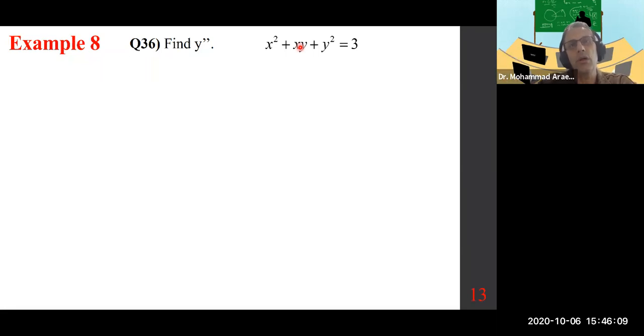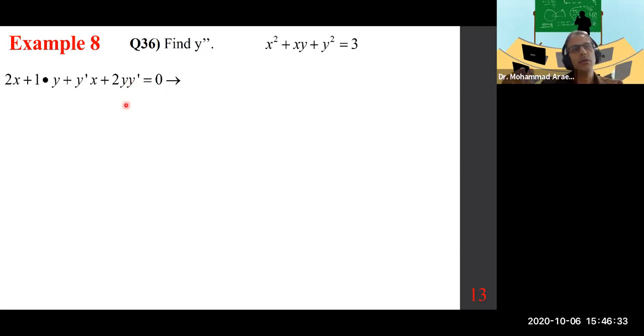By now you are comfortable with that, I hope. And y squared gives you 2y prime. The right side number gives you 0. So quickly, x squared gives you 2x. x times y, that means 1 times y, plus y prime times x. And then y squared is 2y prime.